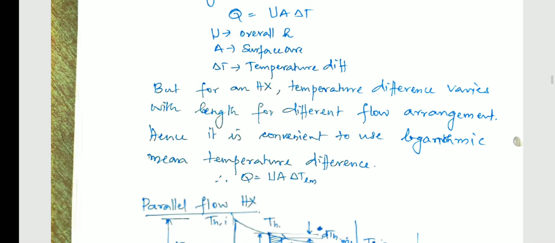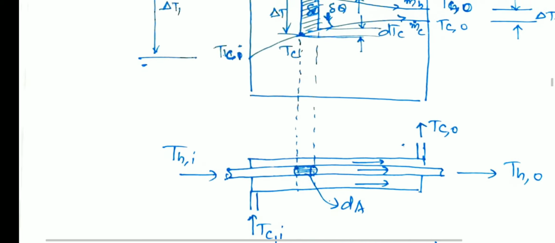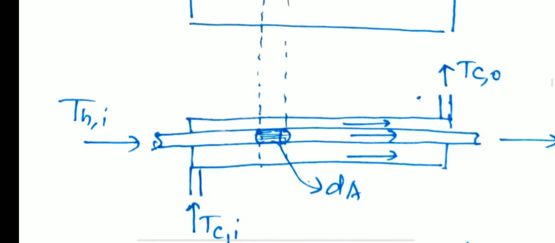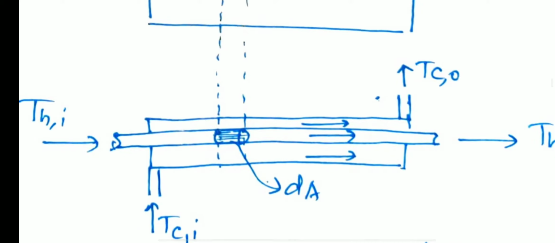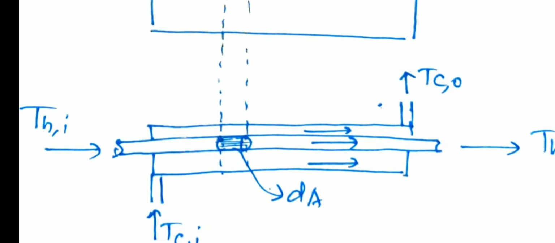Okay. So consider a parallel flow heat exchanger as shown here. It is a tube-in-tube heat exchanger with inlet temperature THI and outlet temperature THO. The hot fluid goes into the tube and the cold fluid is outside the tube. It's a parallel flow arrangement.